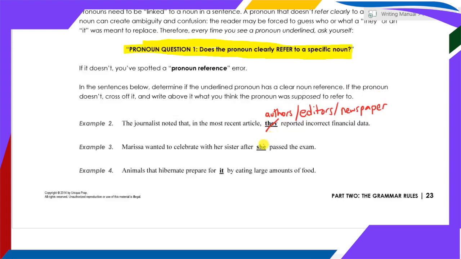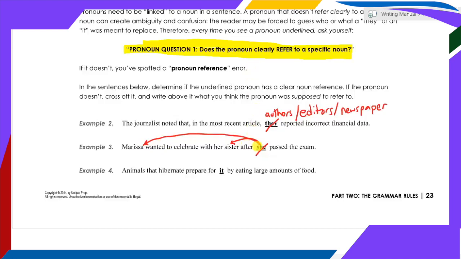In example 3, Marissa wanted to celebrate with her sister after she passed the exam. Many of you may have just assumed that the she refers to Marissa, and Marissa's all excited and she wants to celebrate with her sister because Marissa passed the exam. But actually, this she does not have a clear single noun reference. This she could actually refer to her sister or to Marissa. Marissa could have wanted to celebrate because Marissa passed the exam, or Marissa could have wanted to celebrate because her sister passed the exam.